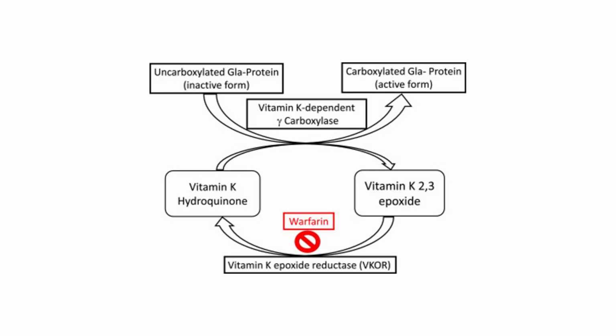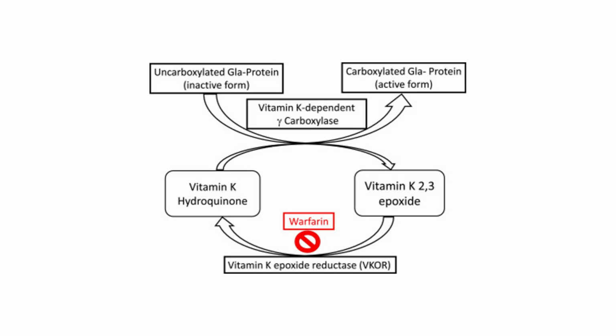Now comes the most important point, warfarin. Warfarin specifically inhibits VKOR, the vitamin K epoxide reductase. You can see the cross mark over VKOR in the diagram because VKOR is blocked here. Oxidized vitamin K cannot become reduced vitamin K, so reduced vitamin K decreases.